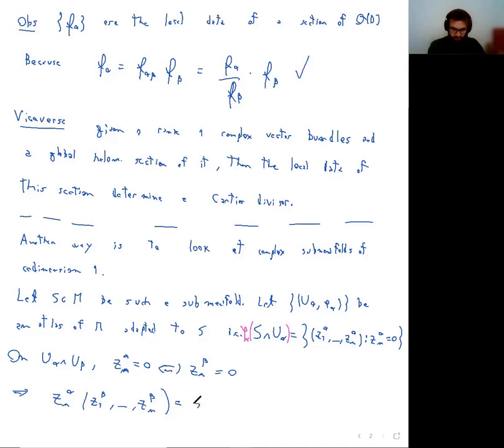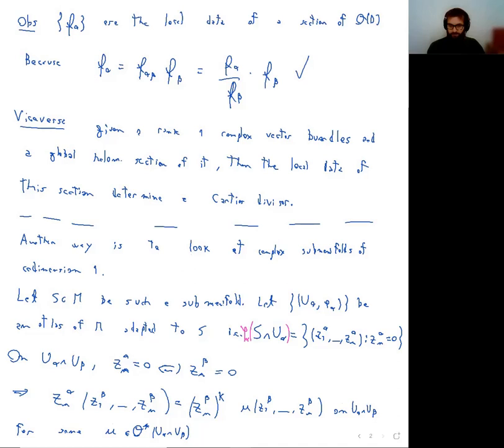Well, since they need to be 0 at the same time, this must be some Zn beta times another function u, which is holomorphic and non-zero on U alpha intersect U beta.